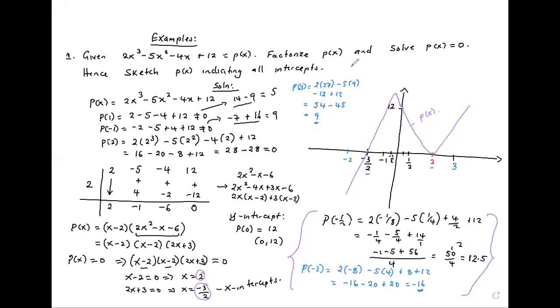Then you check, you get numbers after 0, meaning on the positive x side, before 2. So we tried half. Half gave us 9. We went to the other side, we got -1. -1 gave us 9.